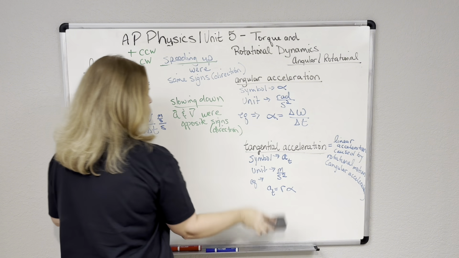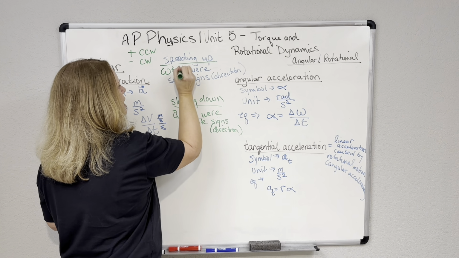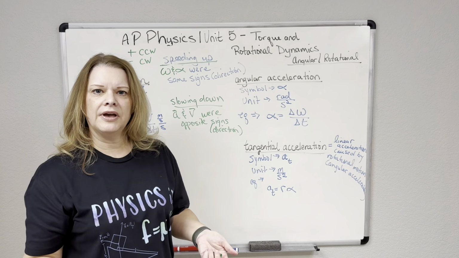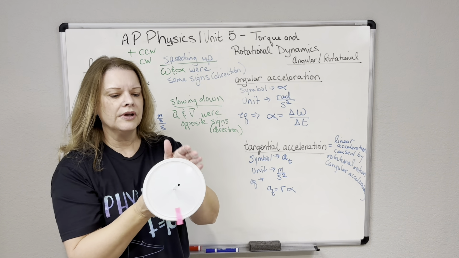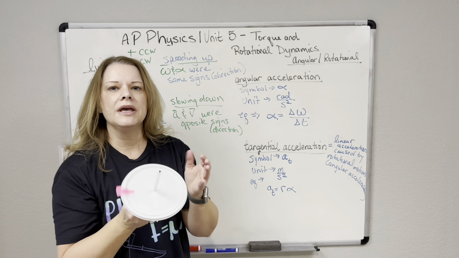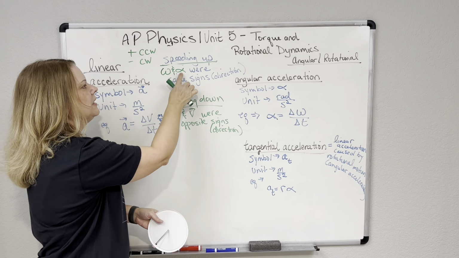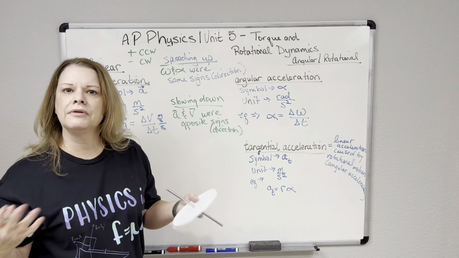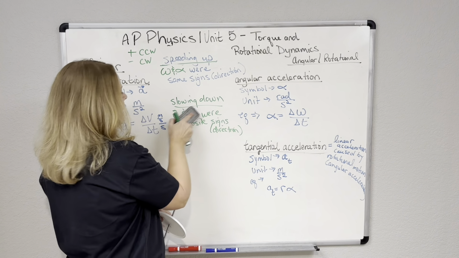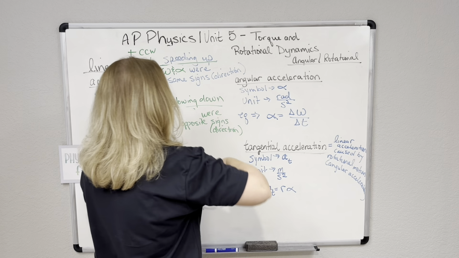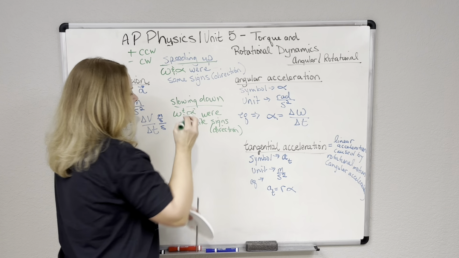It's the same concept for rotational motion, except when you're speeding up, your angular velocity and your angular acceleration have to be the same signs. So if I have this little device and I'm going counterclockwise slowly, and then I speed up and speed up, I have positive angular velocity, and because I'm speeding up, I have positive angular acceleration. Now again, slowing down, same thing, but it's about your angular velocity and your angular acceleration.